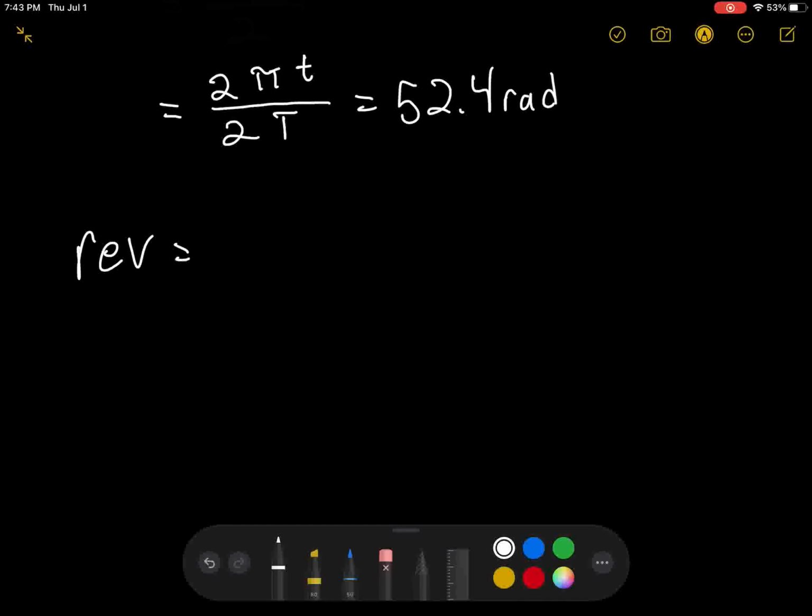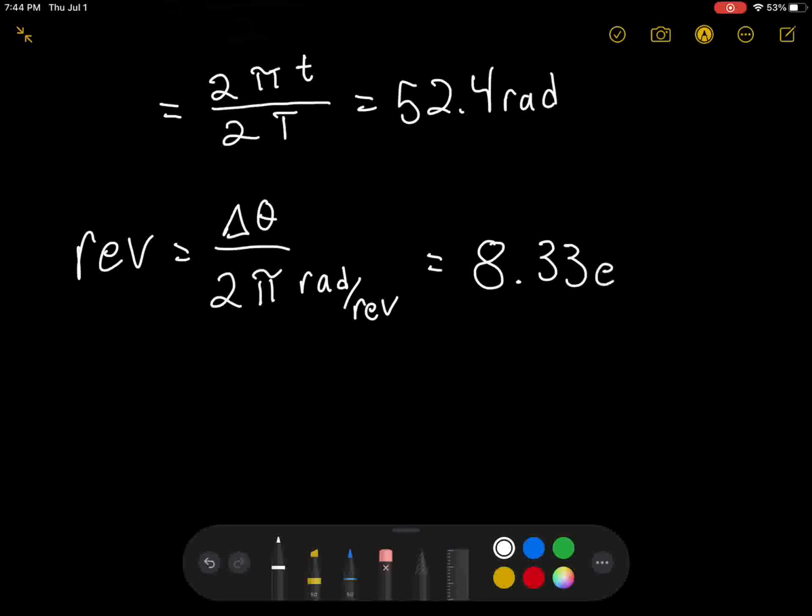And that is equal to the change in the angular position over 2 pi. And let's just say that this is going to be in units of radians per rev, just to make this a little bit easier to understand. And the total number of times that the pulley spun was 8.33 revolutions.